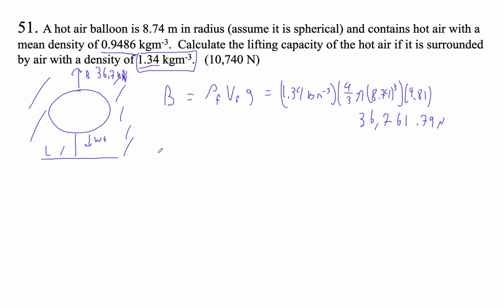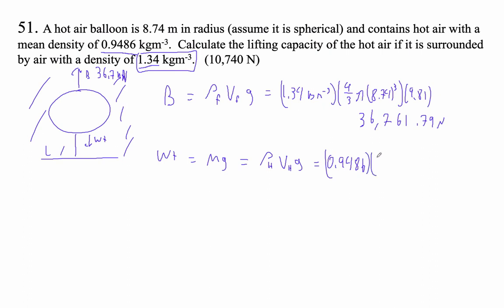And then the weight of this thing is going to be mg, which is the density of the hot air, I'll just say H, times the volume of the hot air times G. So the density of the hot air is 0.9486.